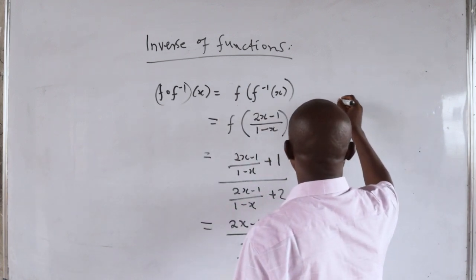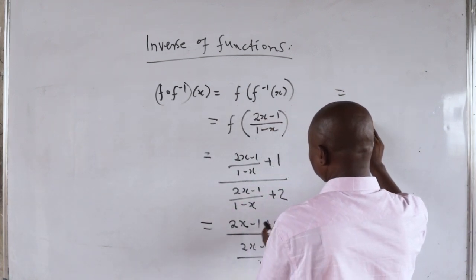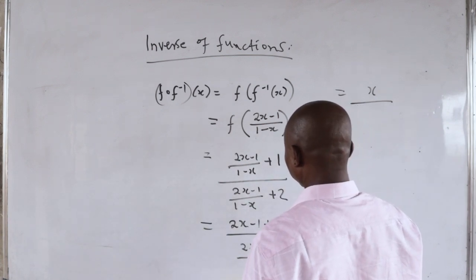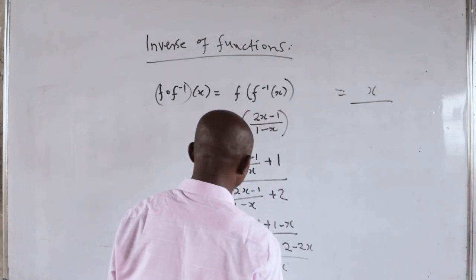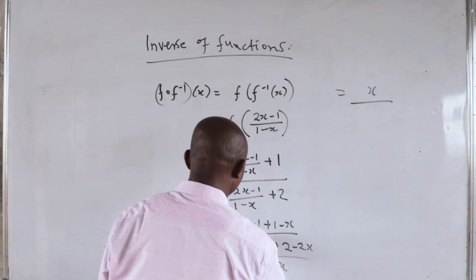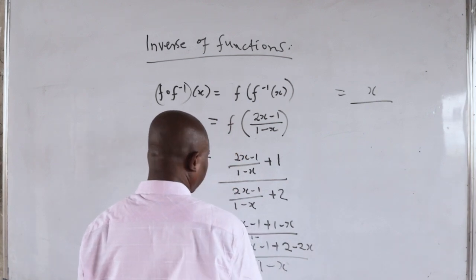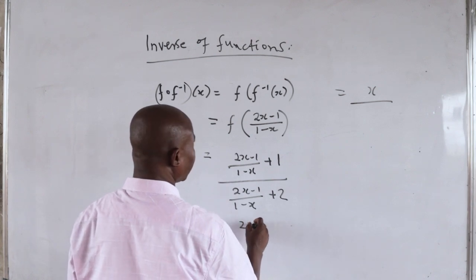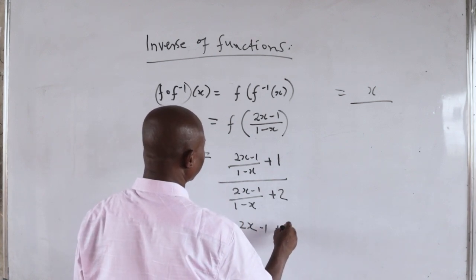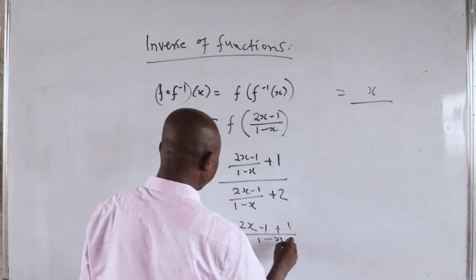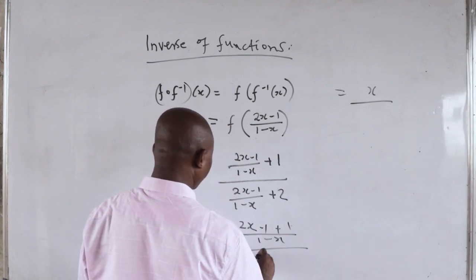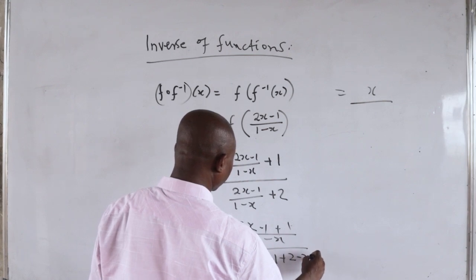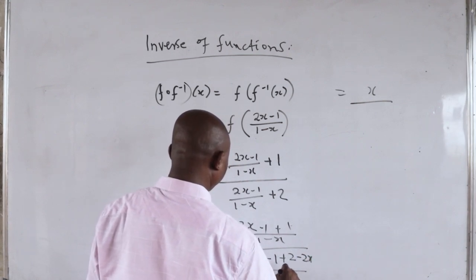This is nothing but this and this will go, so we have x divided by, please pardon, this is divided by 1 minus x. Please let me adjust this appropriately. So this is (2x minus 1 plus 1 minus x) over (1 minus x) divided by (2x minus 1 plus 2 minus 2x) divided by (1 minus x).